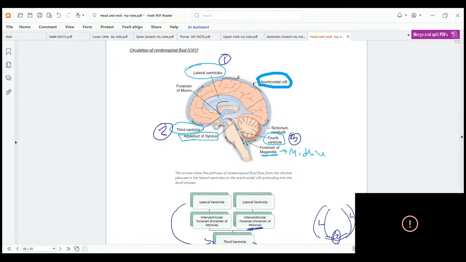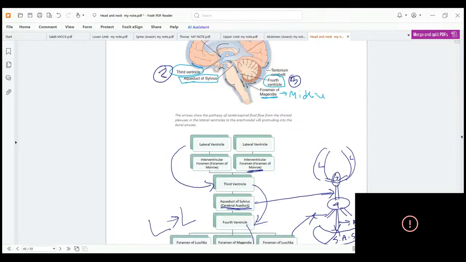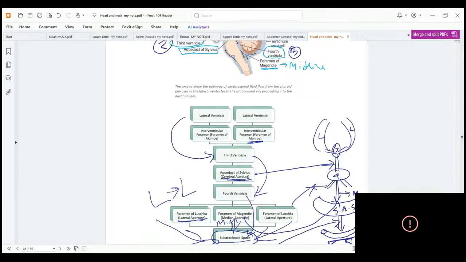This is the lateral ventricle. From the lateral ventricle, through the foramen of Monro, to the third ventricle.